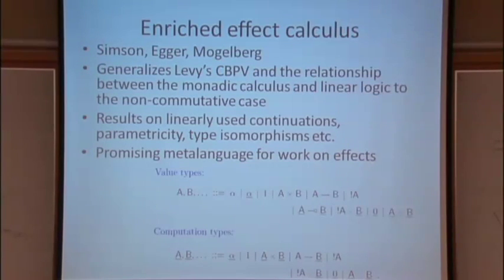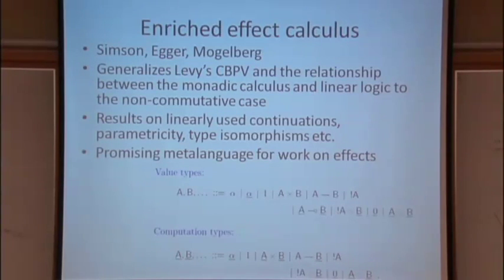So finally, on the side of the foundational semantics of these sorts of things, Alex Simpson, Jeff Egger, and Rasmus Møgelberg have been working for a few years on something they call the enriched effect calculus.